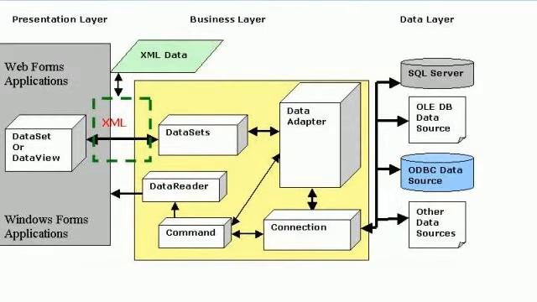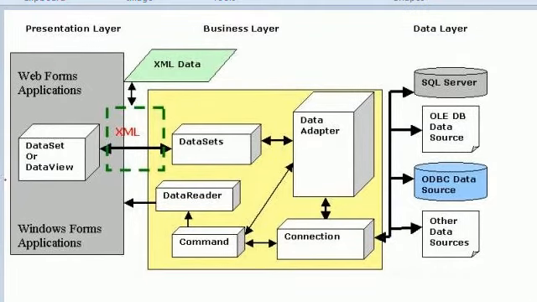So here in this figure, we can see the following. We have a presentation layer, an application layer here. We talk about the dataset, the data view, and Windows Forms and web forms.